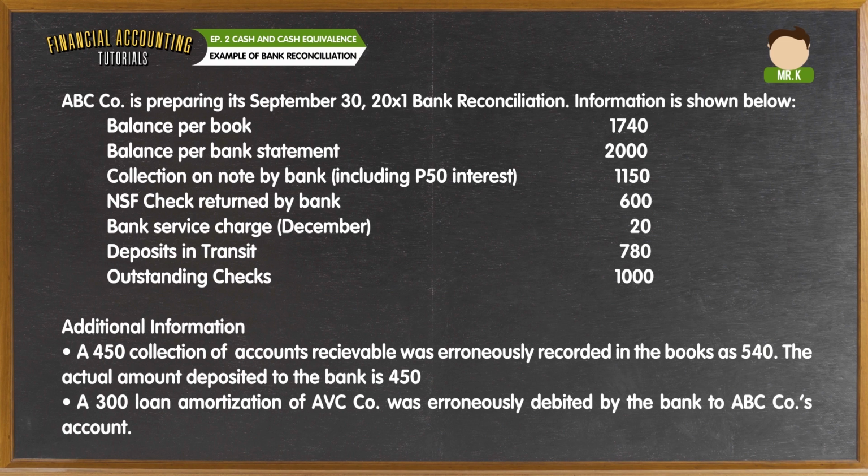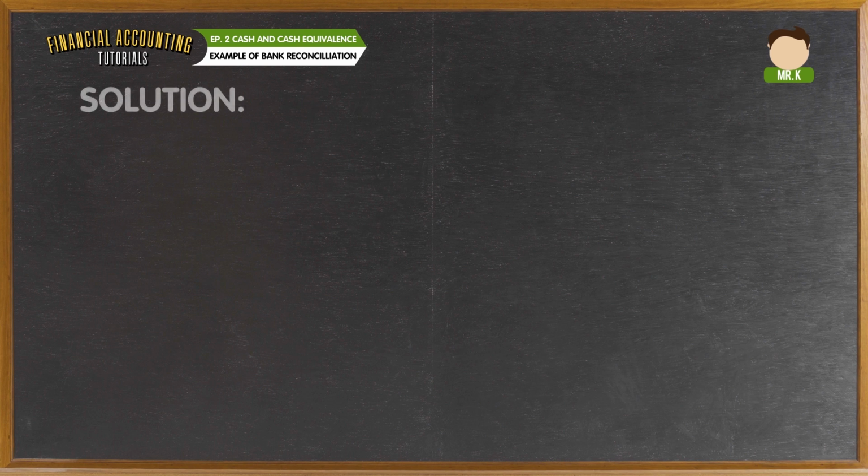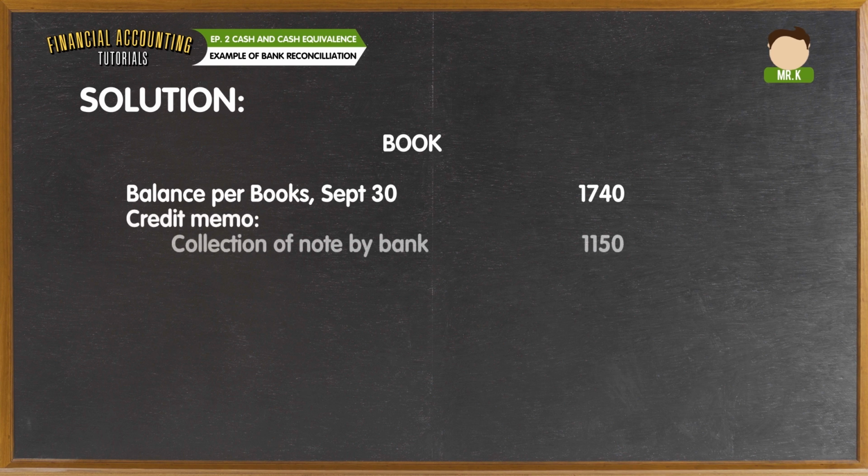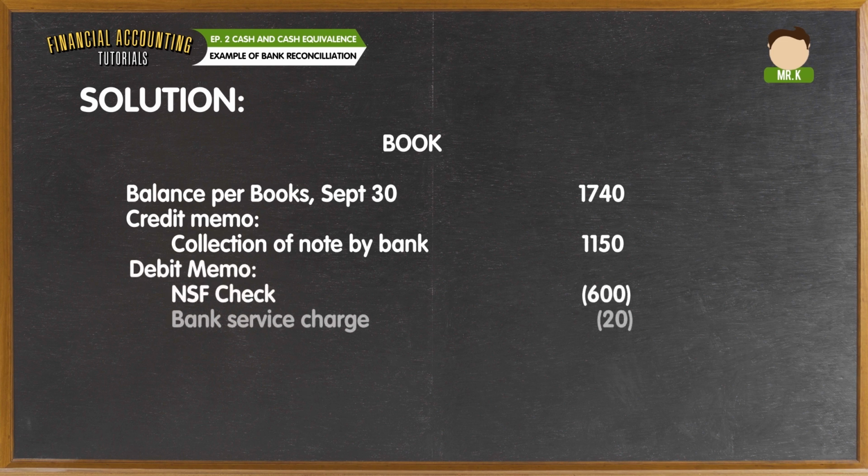As discussed earlier, book reconciling items include credit memos or additions to bank account, debit memos or deductions to bank account, and book errors. So the solution for adjusted book balance is: balance per books on September 30 is 1,740 plus collection of note by bank, 1,150, less NSF check, 600, less bank service charge, 20, and less book error, 90, which is the difference between 540 and 450.